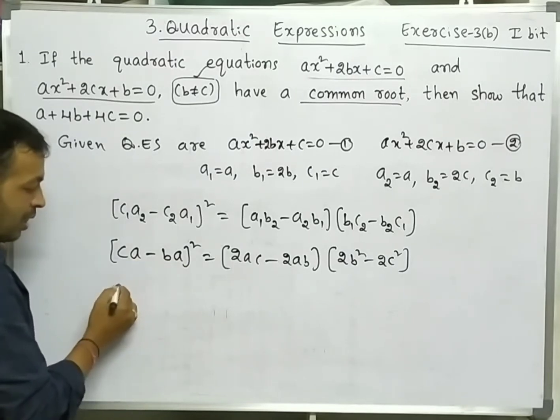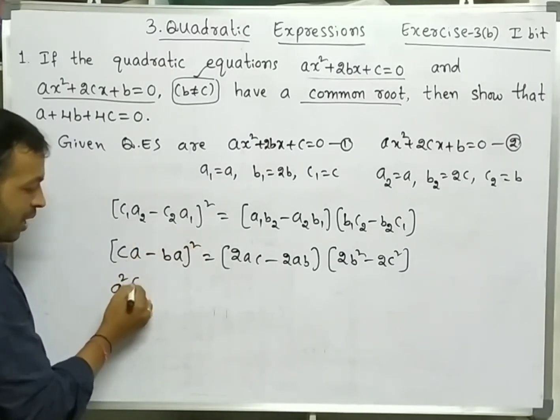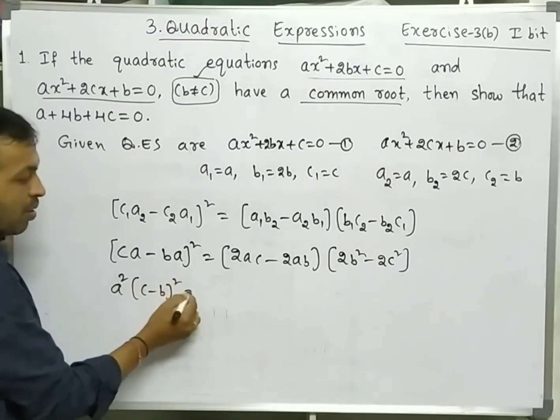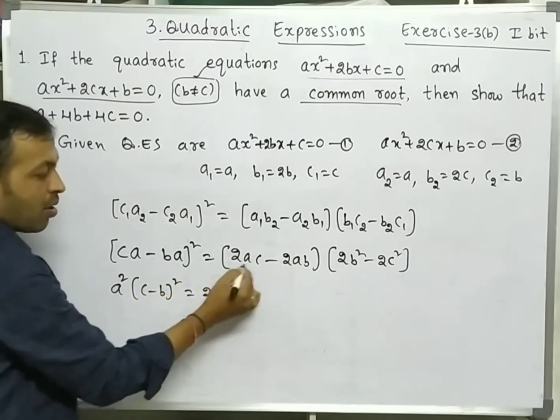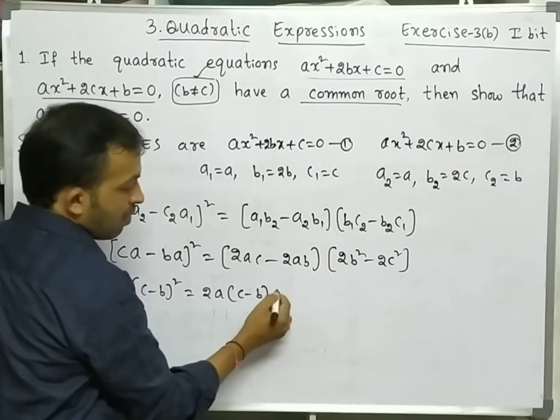Now in this a is common, so a square outside, then (c minus b) whole square.